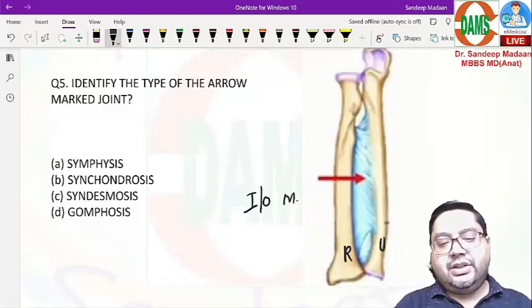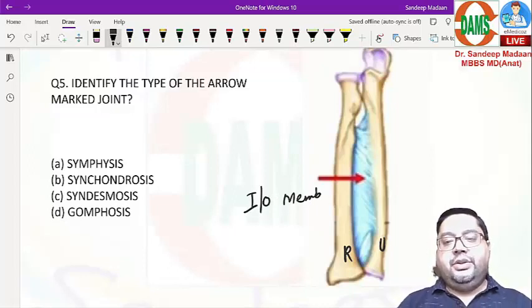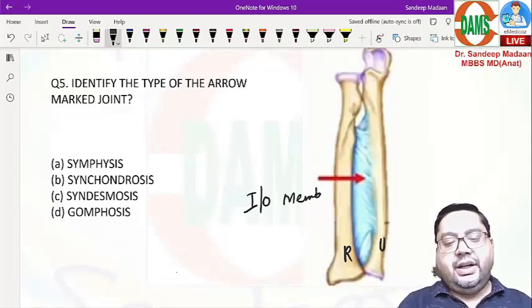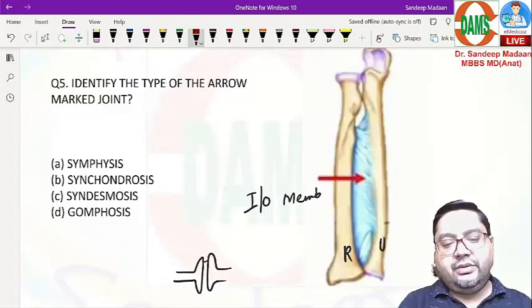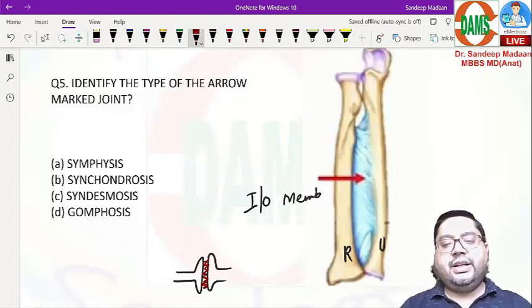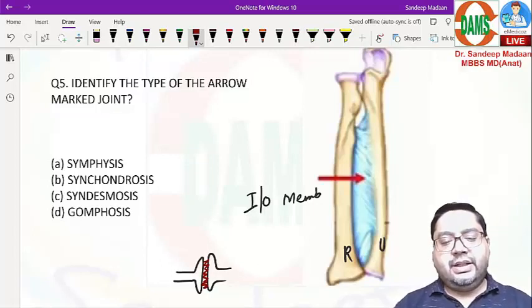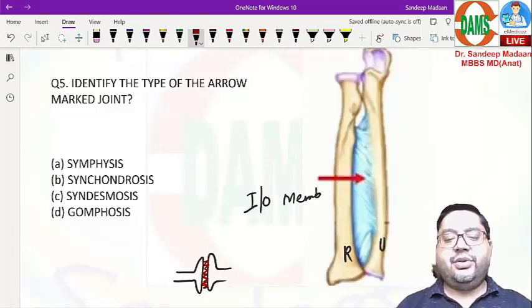An interosseous membrane is a fibrous structure. Okay. So if the bones are held together with the help of fibrous tissue, this comes in the definition of fibrous joint, and it is a characteristic property of the fibrous joint that they will not allow movements.